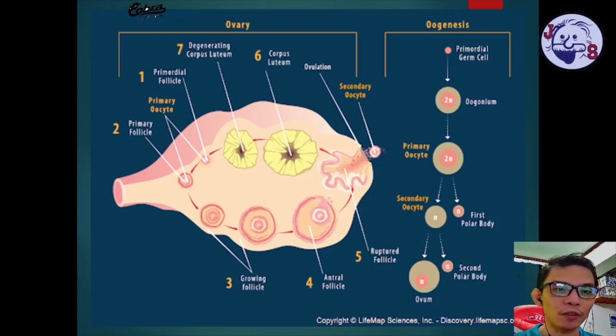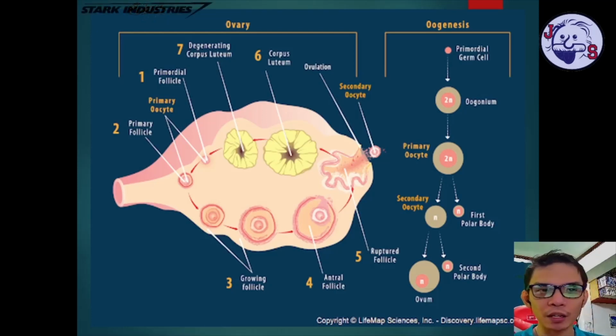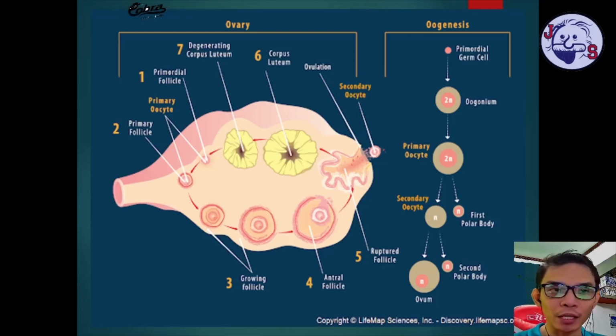So the female's egg cells are in a fixed number. Once the female reaches a certain age where she cannot produce any more egg cells, because the egg cells in the body are fixed in number, that is called menopause.